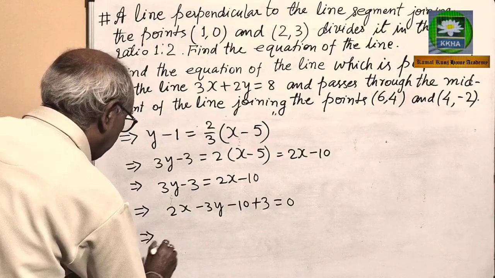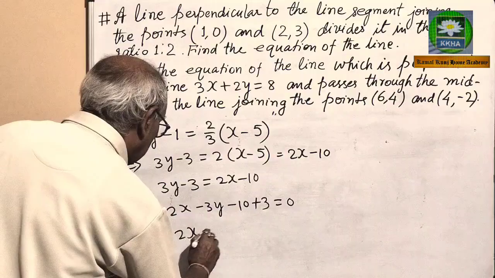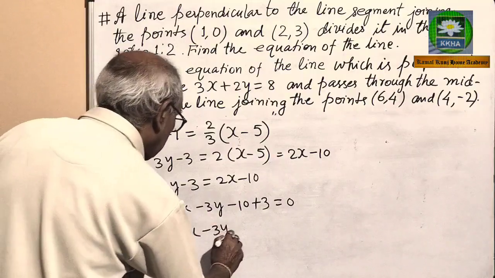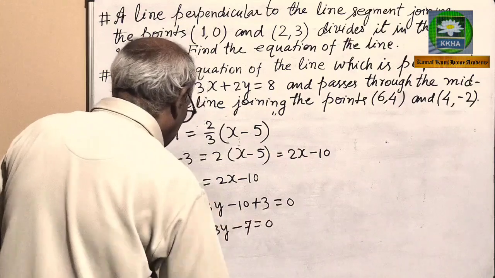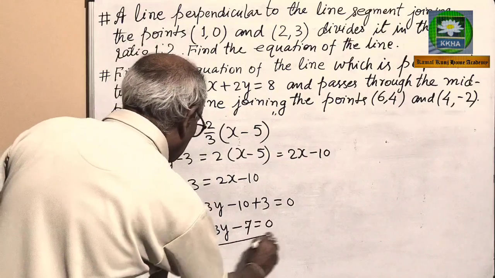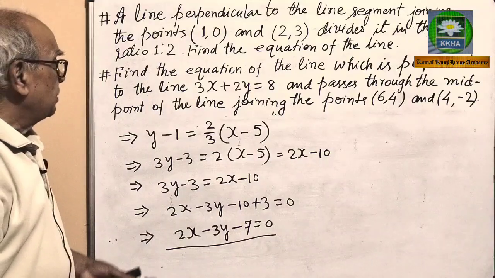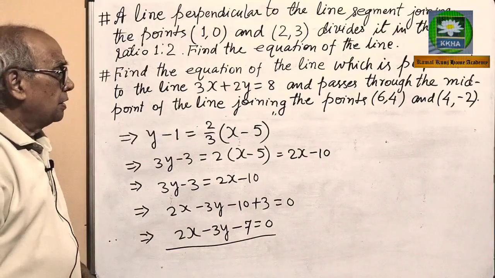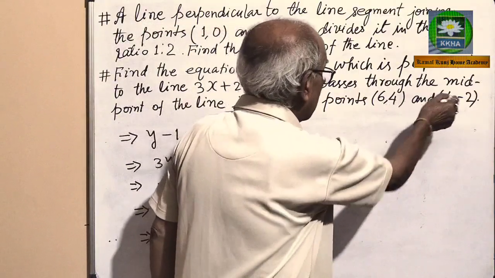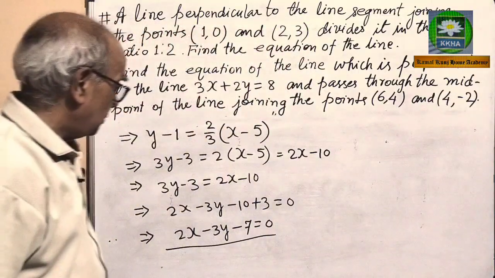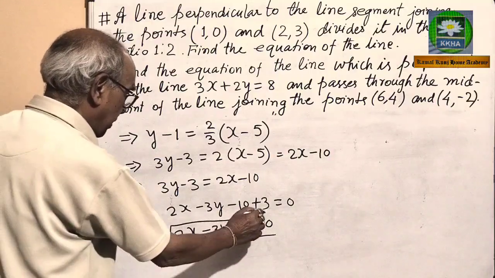This implies that 2x - 3y - 7 = 0. So this is the required equation of the line which is perpendicular to this line and passes through the midpoint of the points joining 6, 4 and 4, -2. So this is the required equation.